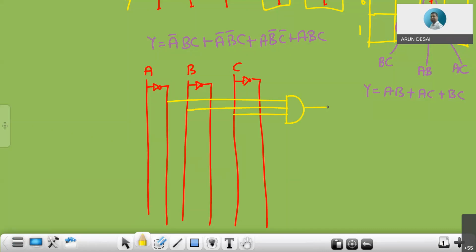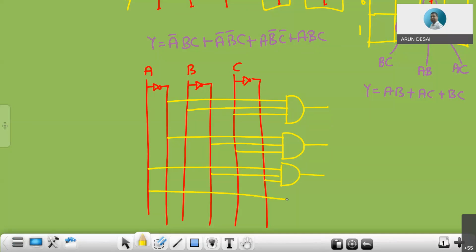Then next is A complement B complement C, then A B complement C complement, and last is A B C. So this is how my product terms are there. Those all are for sum, right?